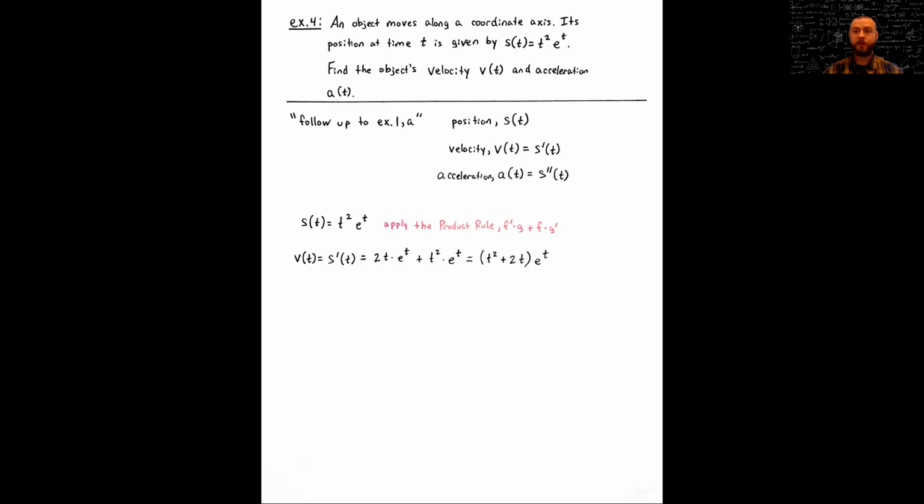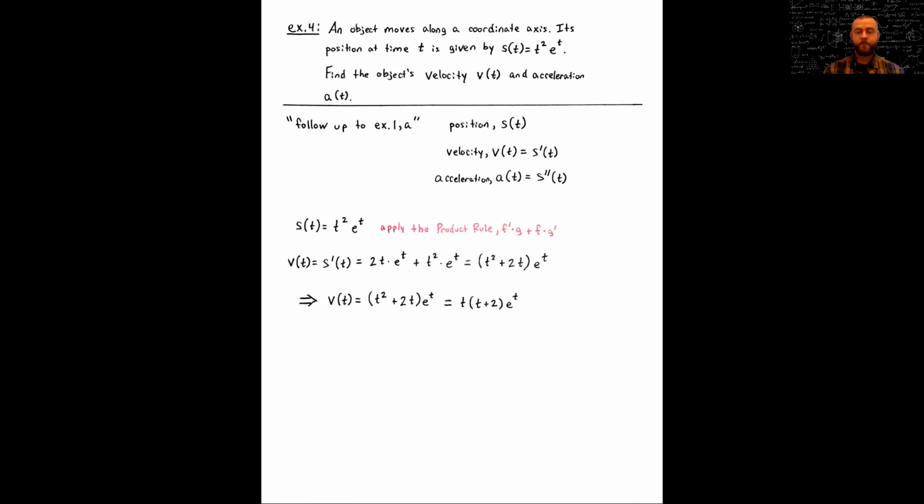All right, now this is where we're going to pause to see, depending on how we express the derivative, s prime, the velocity, that could greatly influence the work needed to differentiate that again, getting the second derivative, s double prime, which physically represents the acceleration. So here we have both versions for the velocity, s prime, that we just calculated. The first version written there is not the fully factored or fully simplified version.